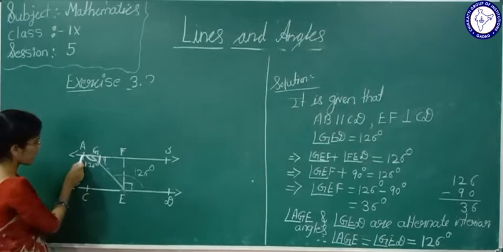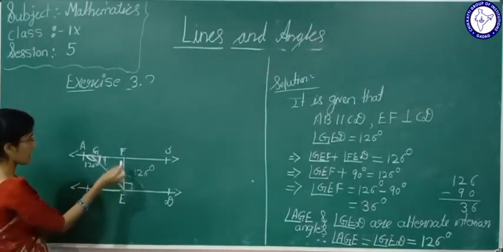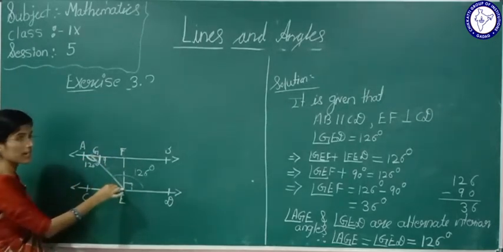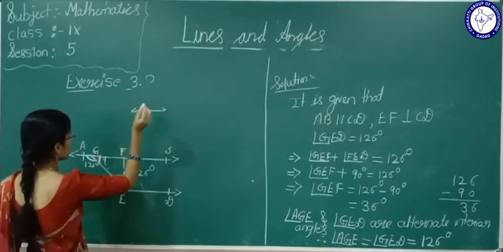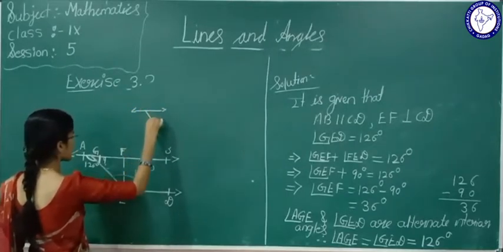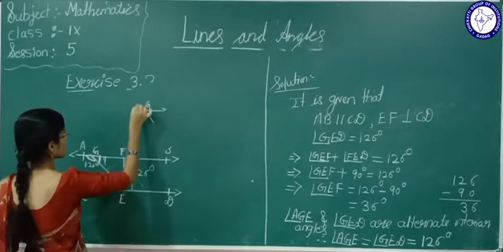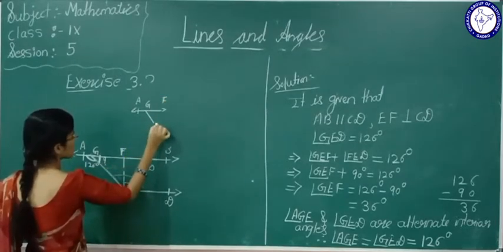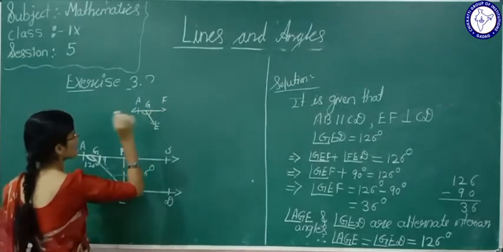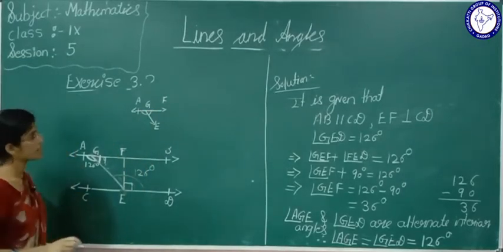Angle AGE and angle FGE will be 180 degrees. If a ray stands on a line, then the sum of the angles will be 180 degrees.